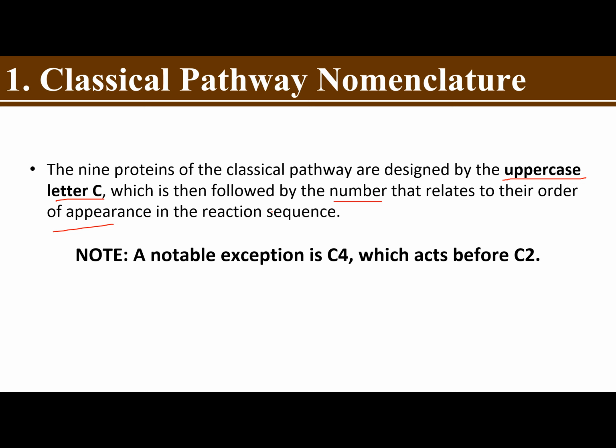A notable exception here is C4, which acts before C2. Normally, if you follow the order of numbers, it would be 1 to 9. But in the classical pathway, the first complement would be C1, followed by C4, followed by C3, C2.